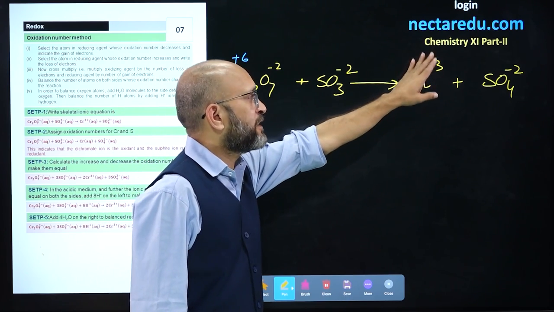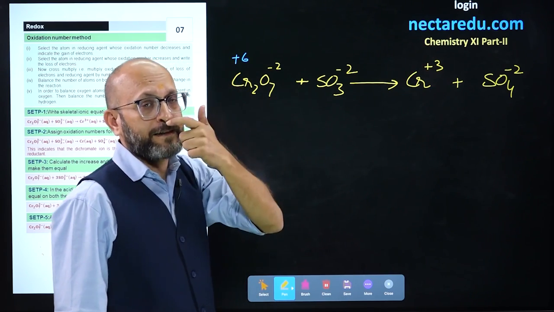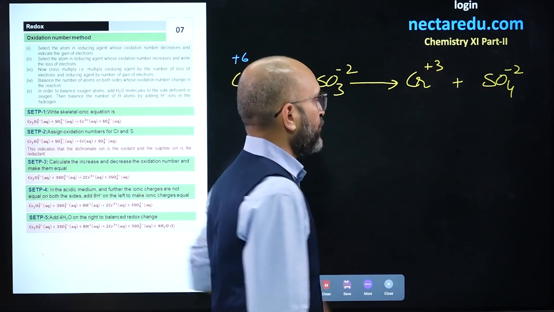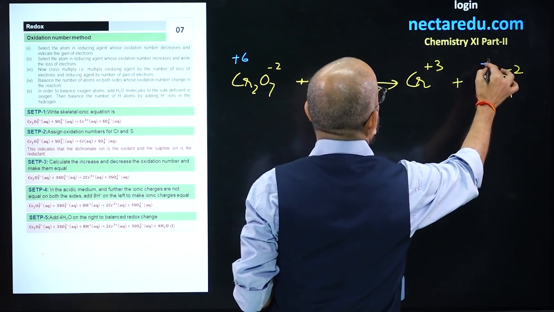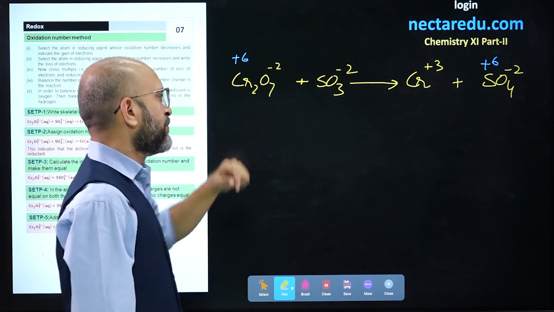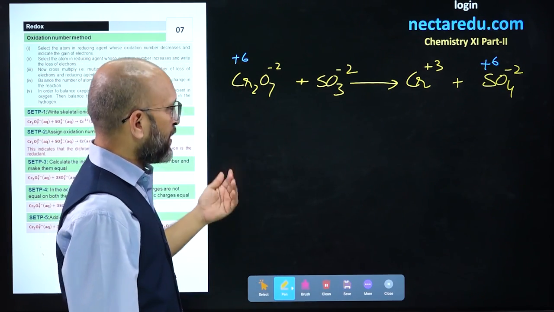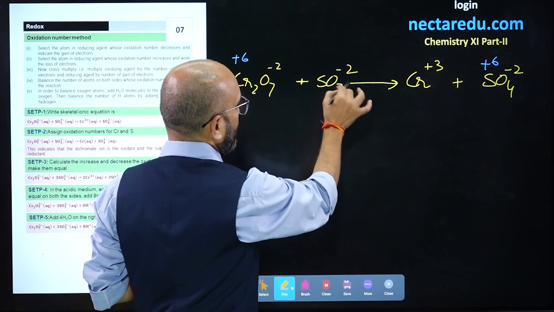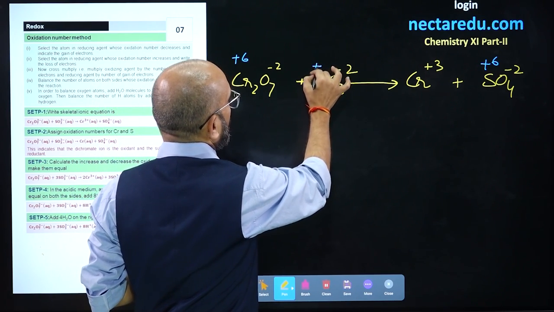So for chromium, the oxidation number is plus 3 because it is in the plus 3 state. Here for sulfate you have to find out, and that comes out to be plus 6. Alright. In sulfite, you can also figure out that the oxidation number of sulfur will be plus 4.